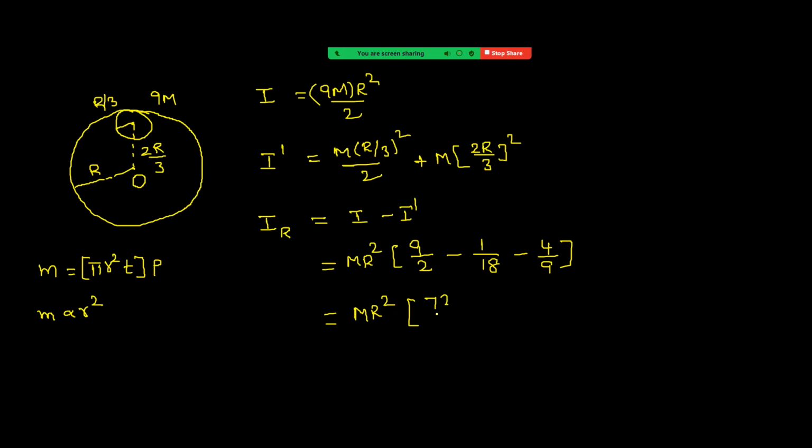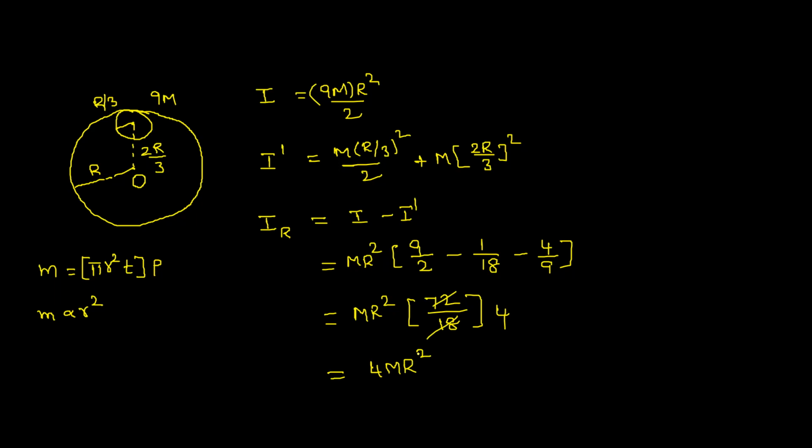This comes out to be 72 by 18, right? Then this is how many times? 4 times. That means our final answer is 4mr square. Okay. So here you have to keep in mind, when you want to add or subtract, find the I value about the same axis. Then only we can subtract or add.